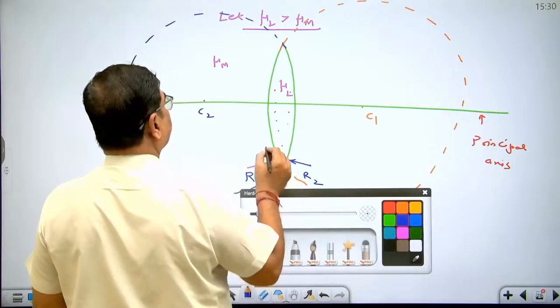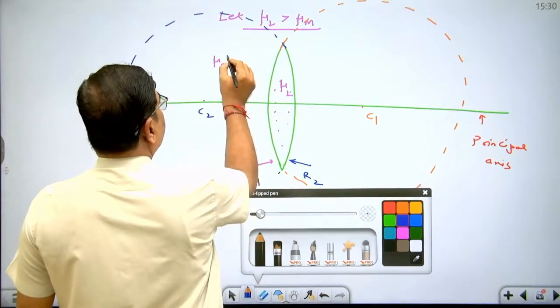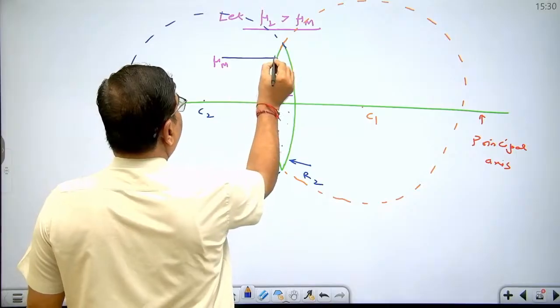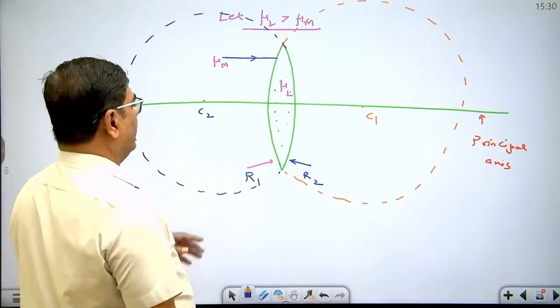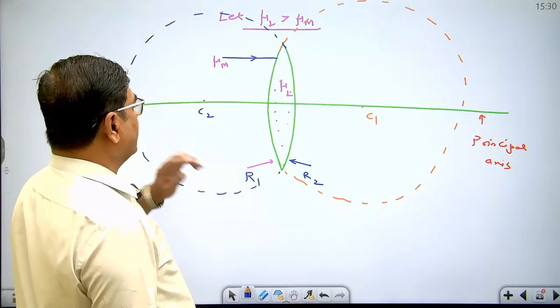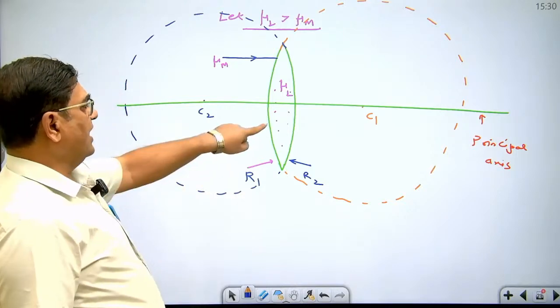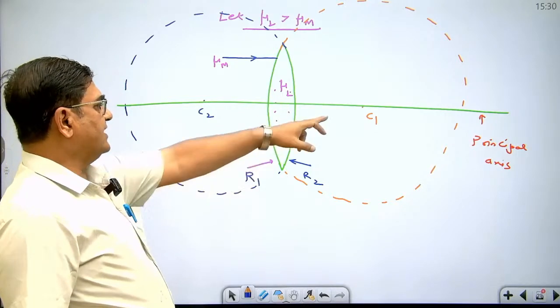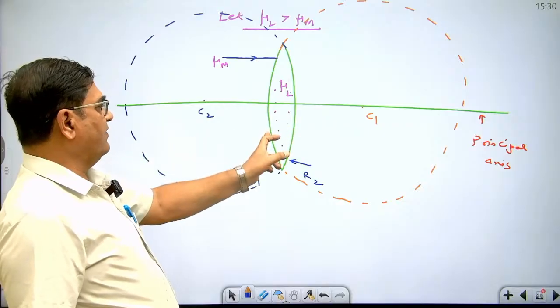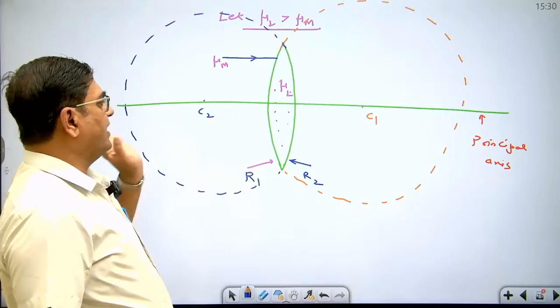Now, dear student, if the light ray is coming from here, then for numerical calculation, distance measured in the direction of the incident ray we will take as positive. So R1, because the center is located here, will be taken as positive and R2 will be taken as negative.